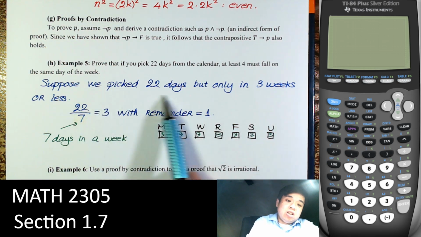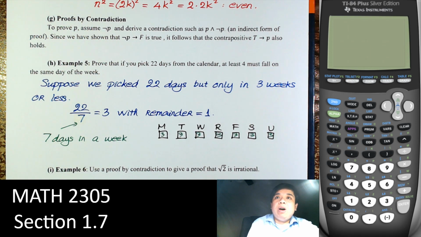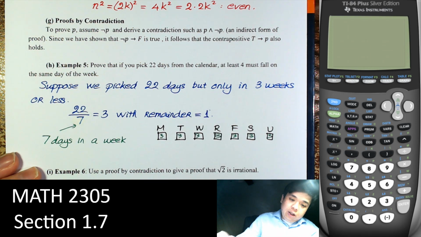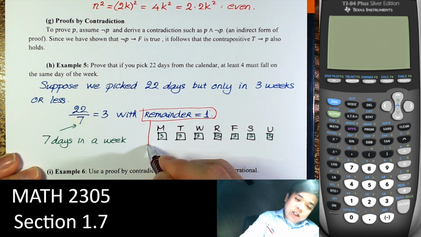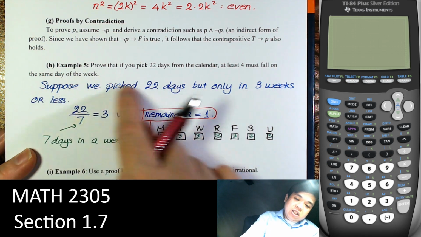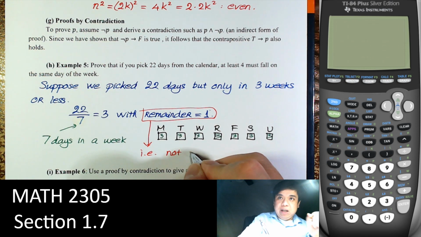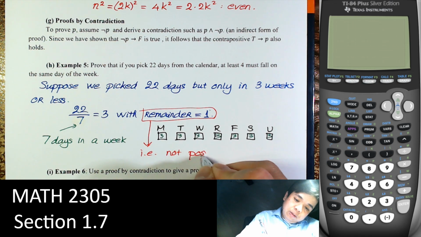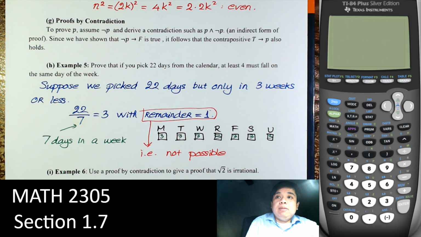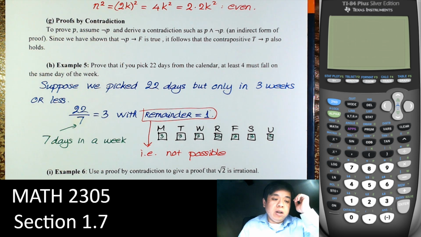We are left with a remainder equal to 1, which is not possible. So it has to be the other way around. That is true. So if you have 22 days, at least one of them must fall on the same day of the week 4 times.